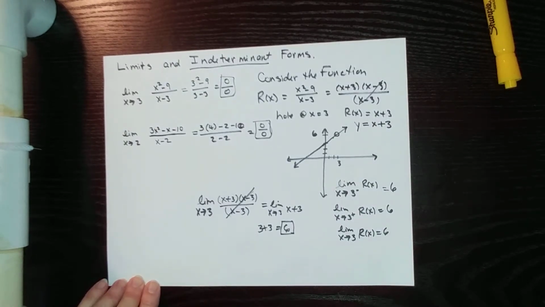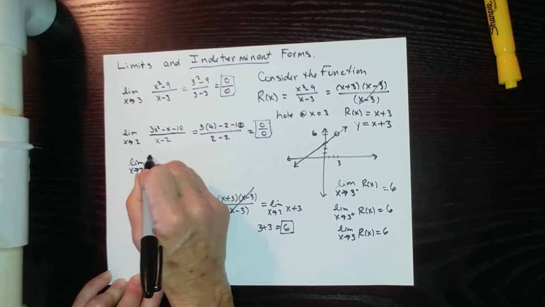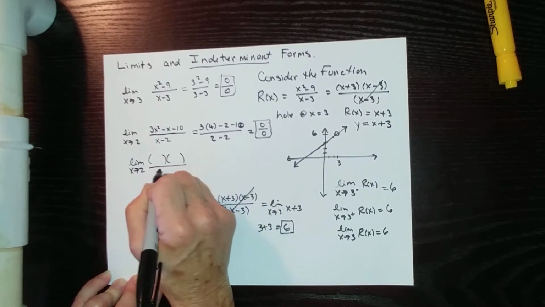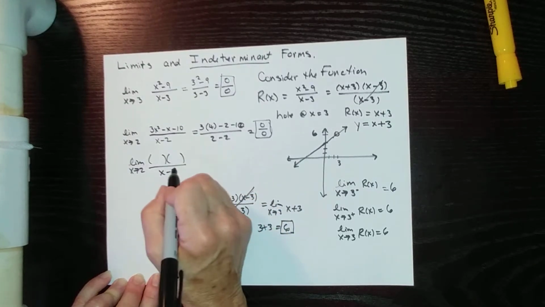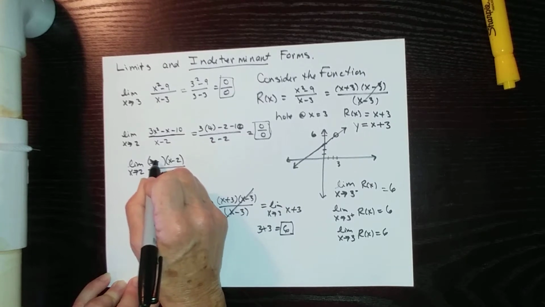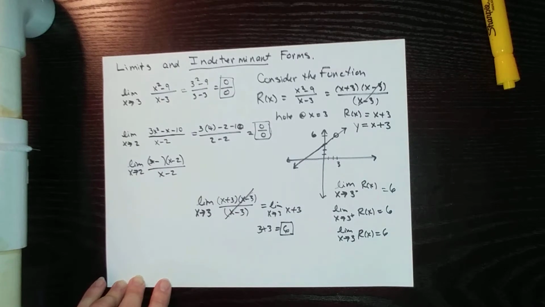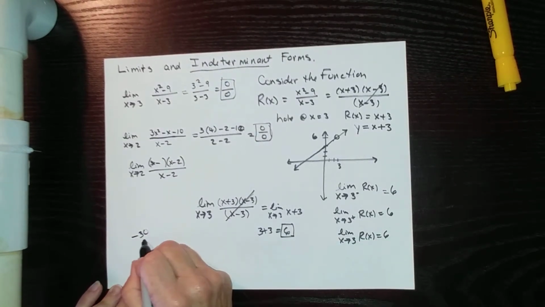Again, you will learn other things to do, but one of the tricks that you can use is to try factoring. So let's say, what is the limit as x goes to 2, and I'm going to factor the numerator and the denominator. What will the numerator factor into? Oh, wait, maybe that won't factor. Let me just see. Maybe I gave us a bad one. Negative 30, I'll have to work harder.